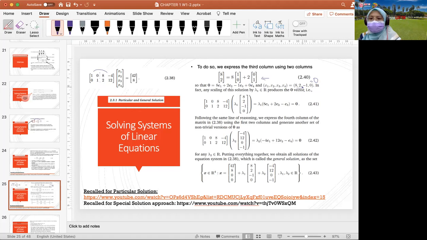Please take note that this value is not fixed. It must be 8, 2, minus 1, 0 if we use this approach.